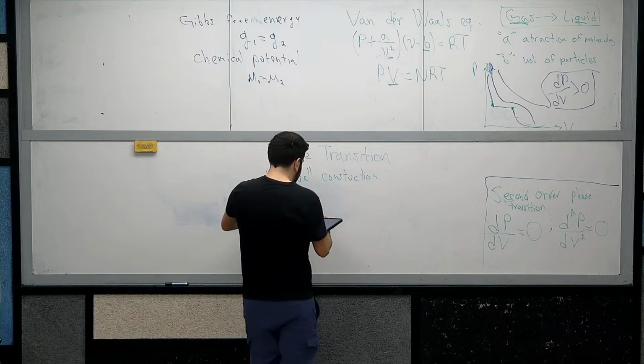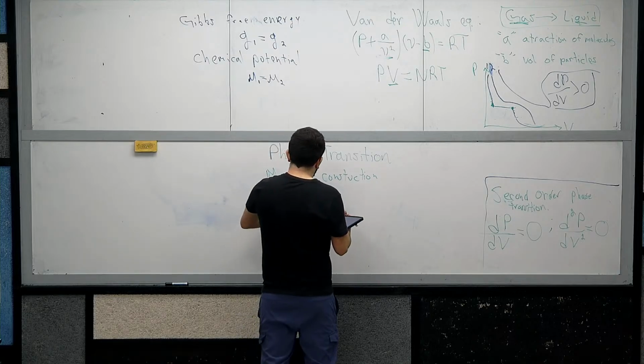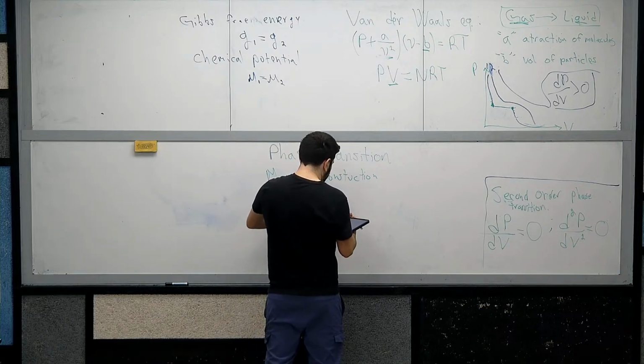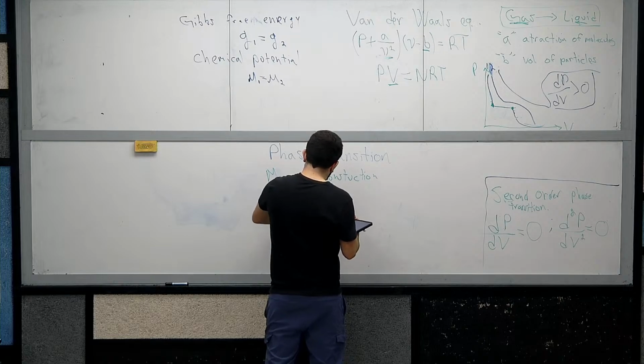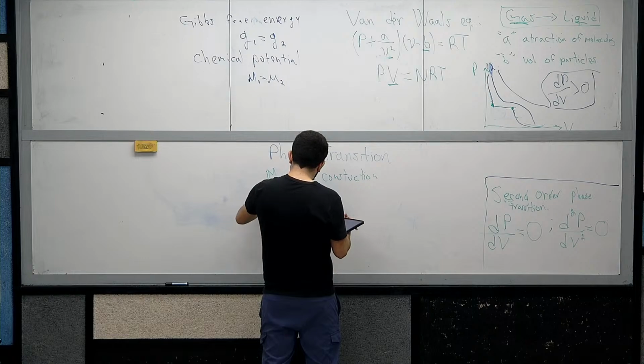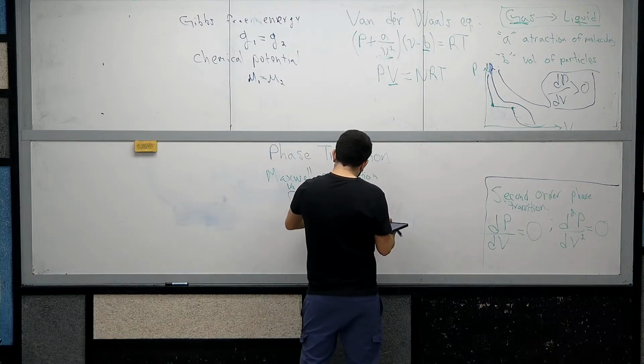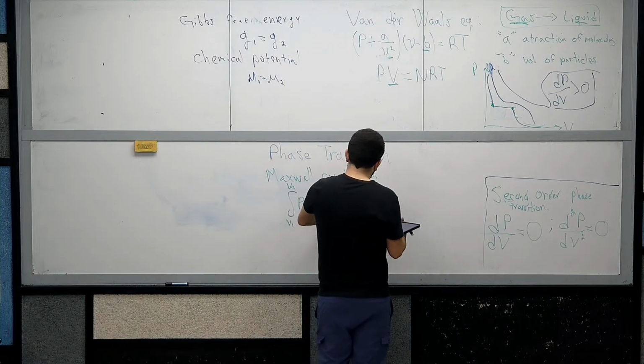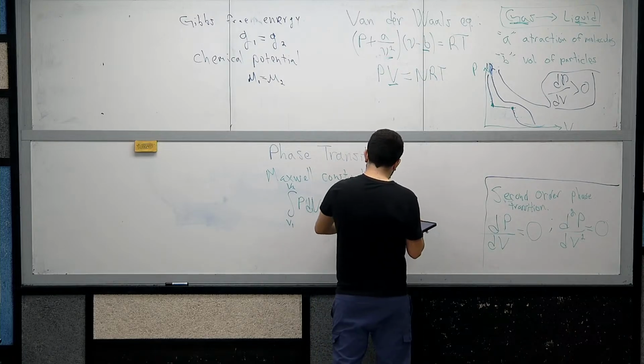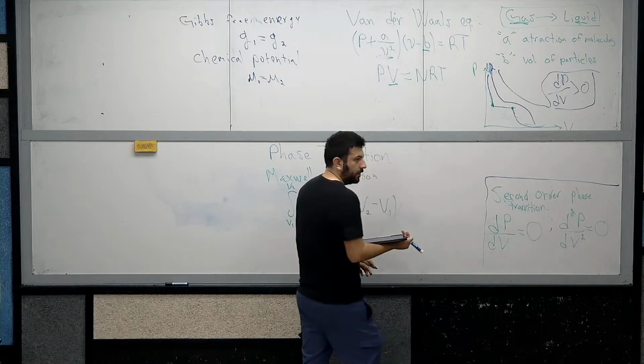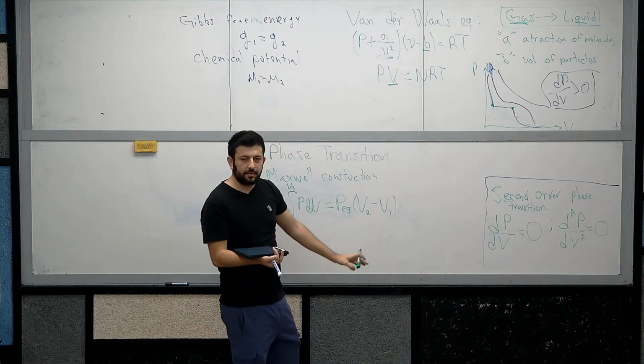Okay, and the way of saying that is that it's approximating this curve with a rectangle, right?